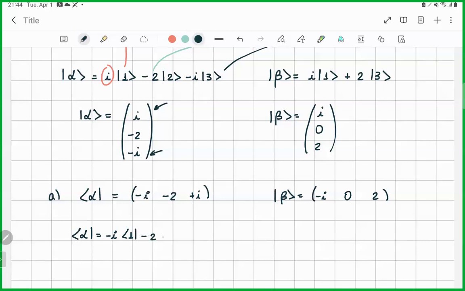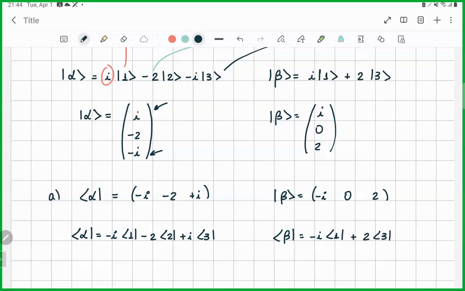Minus 2 for the basis vector 2, and then plus I for the basis vector 3. And here, minus I for 1. For 2 there is nothing, it is 0. So we go straight to the vector 3.